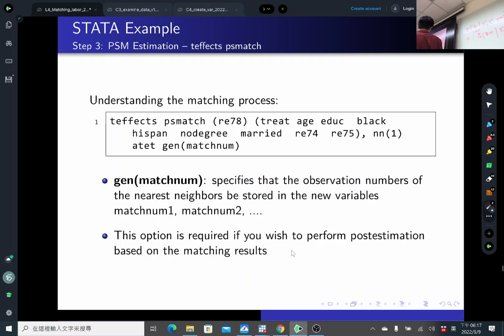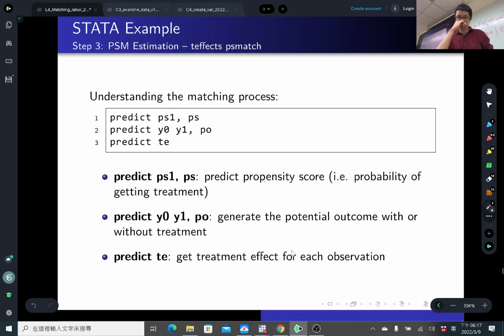This option lets you perform some post estimation based on the matching results, and that can help you understand the matching process. There are several commands you can also use.